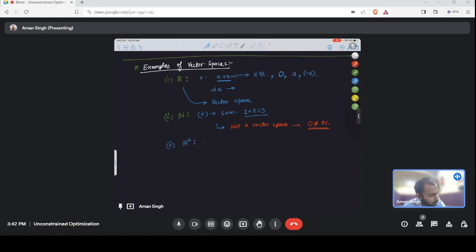Similarly, other examples are R square. R square is a vector space. It follows all the properties that we saw above. Even R cube is a vector space.